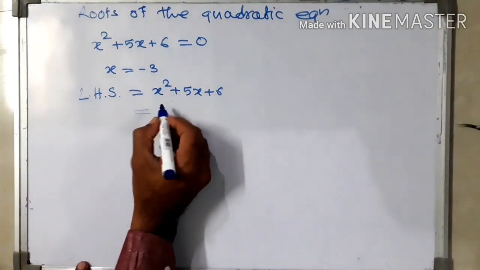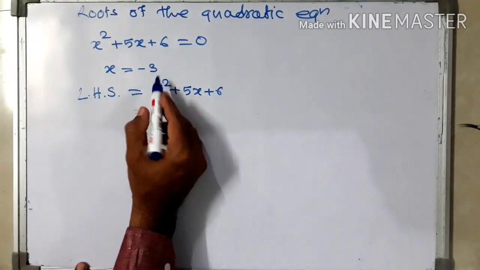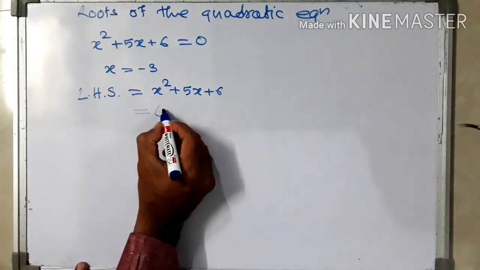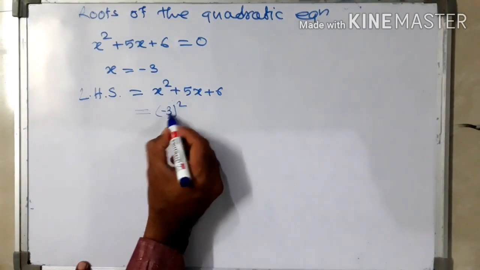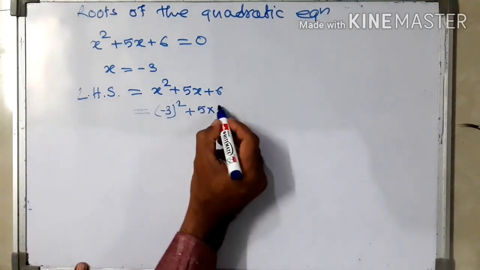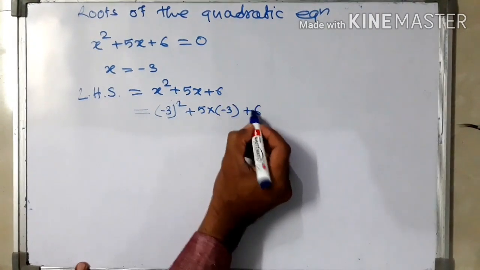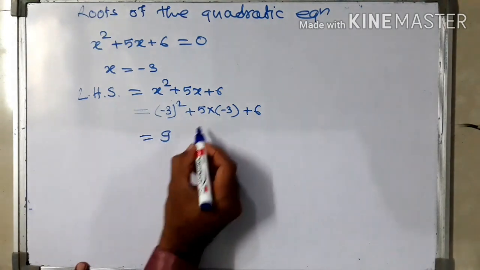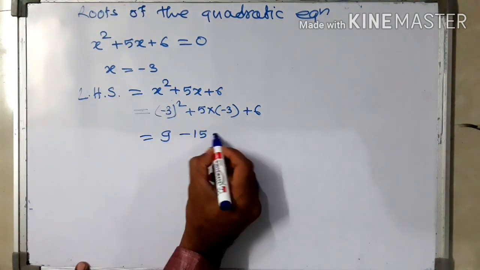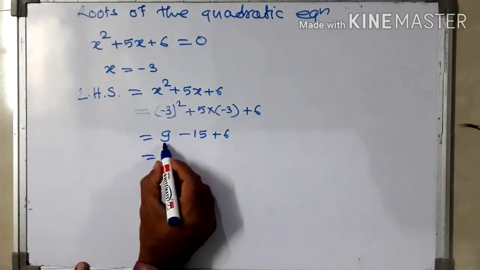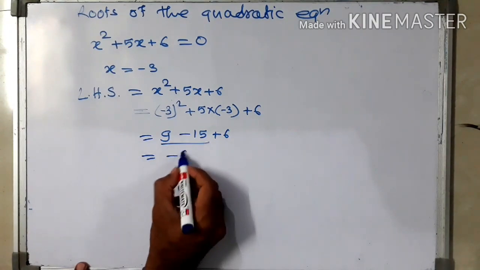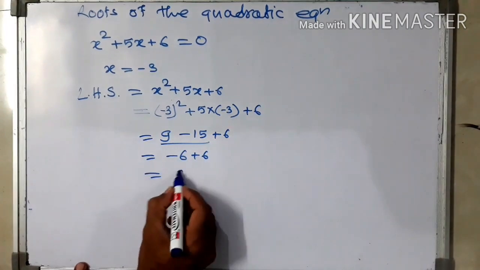Let us check. When we substitute the value of the variable here, negative 3 square plus 5 into minus 3 plus 6. Negative 3 square is 9, plus 5 into minus 3 is minus 15, plus 6, so minus 6 plus 6, 0.